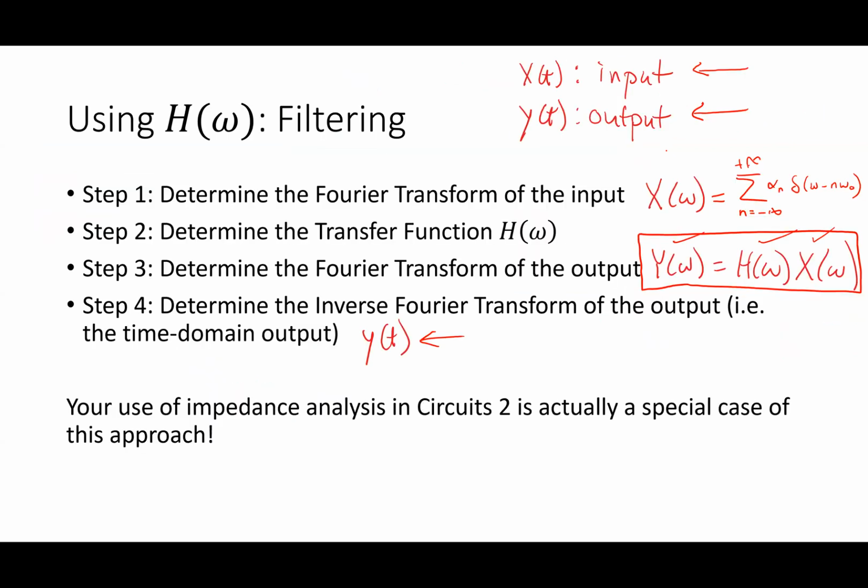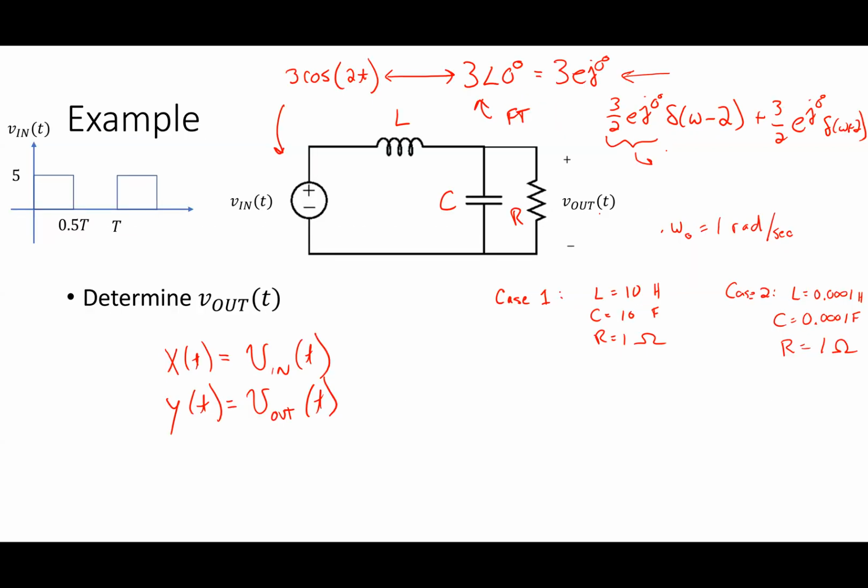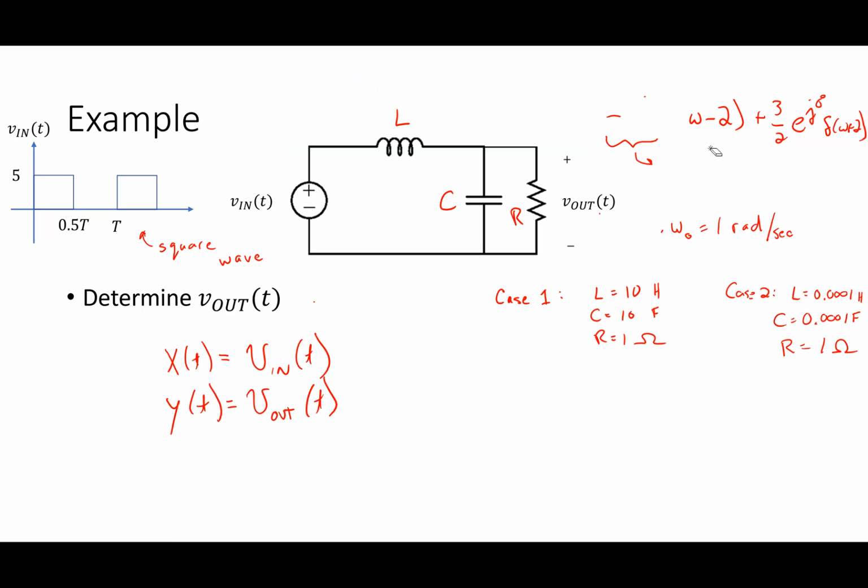Now, the reason we have to use this is that if I have an input like what I have right here, this is a square wave. If my real input is a square wave and not something simple, Circuits 2 keeps it simple with sinusoidal inputs only. If I have something like this square wave shown on the left, that square wave is still a sum of sine waves.